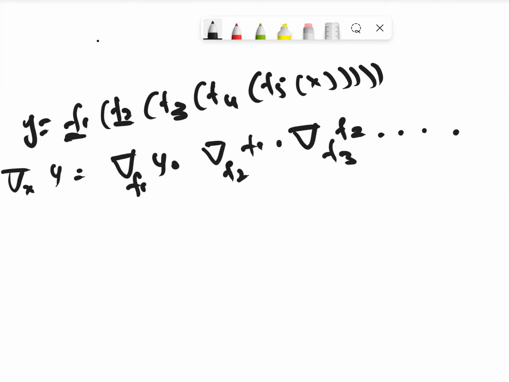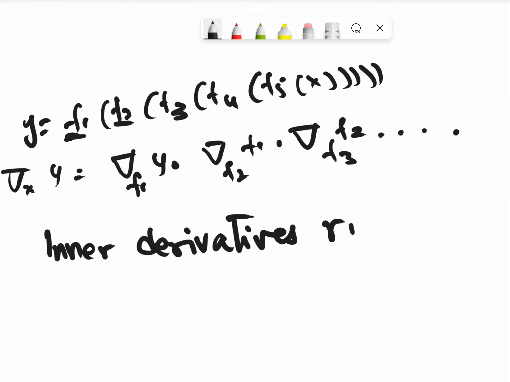So as you go into the function, the inner derivatives keep multiplying to the right.